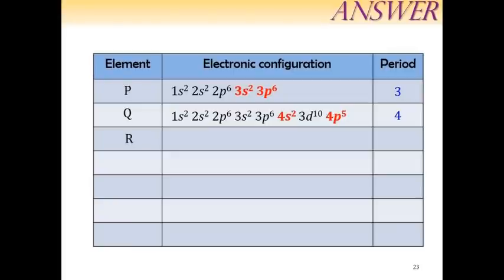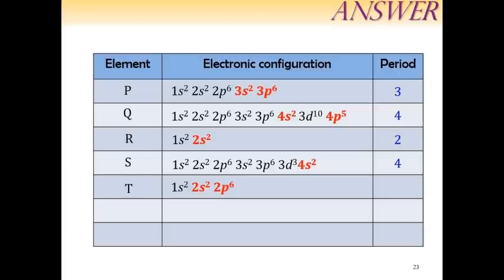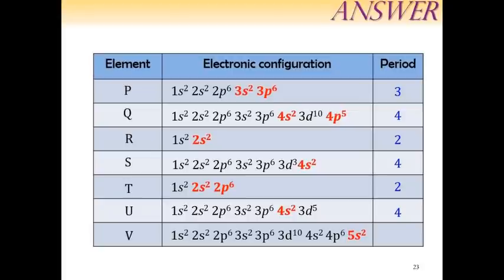For element R, the highest value of n is 2, so it is from period 2. For element S, the highest value of n is 4, so it is from period 4. Element T, the highest value of n is 2, so it is from period 2. For element U, the highest value of n is 4, so it is from period 4. And V, the highest value of n is 5, so it is from period 5.